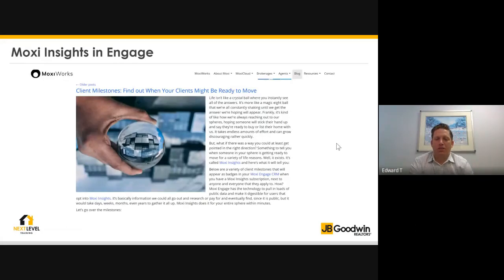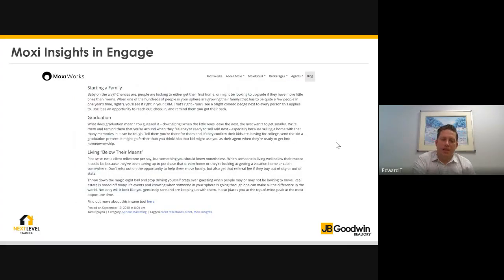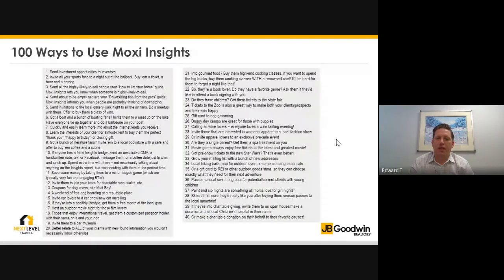Really Moxi wants to take this data from insights, their interaction, the activity feed, how they interact with your systems, and then surface high value contacts, basically notify you to reach out to these people. It could be a scoring system. It could just be how much activity they had on your site, and whether they have reached a level where they're likely or highly likely to list.